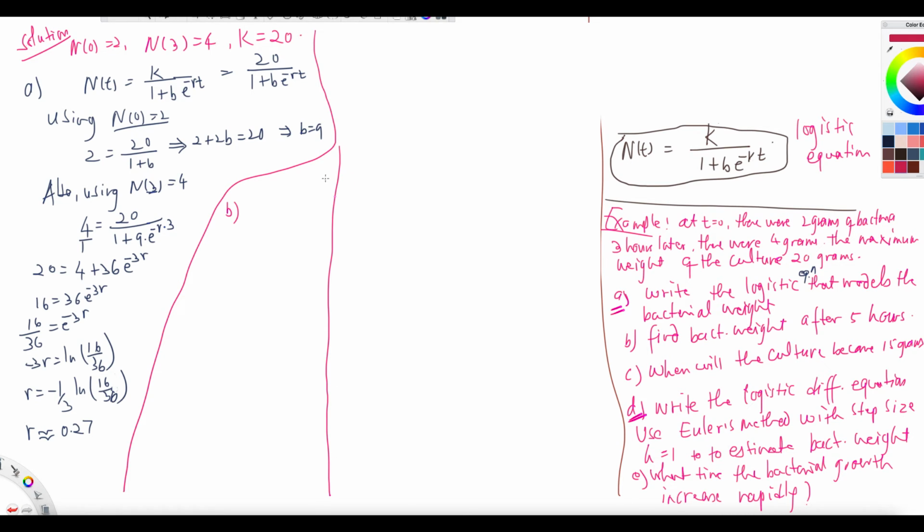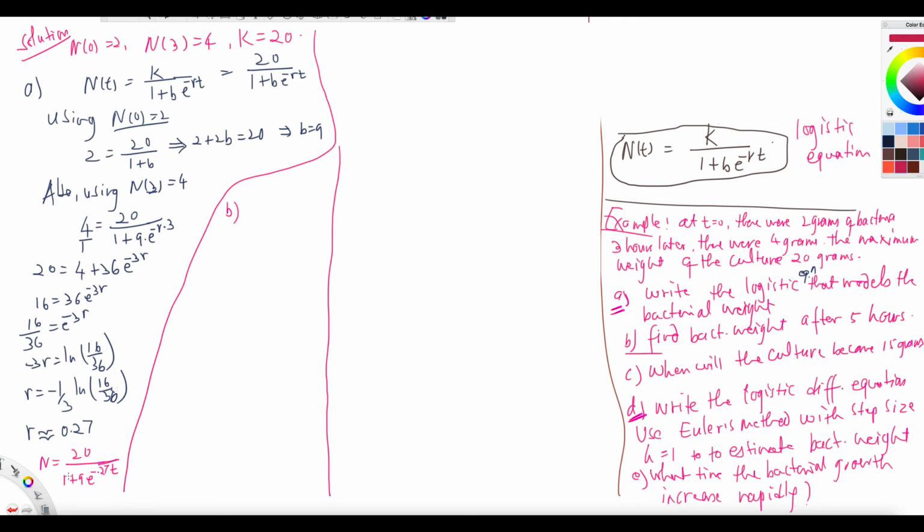So part B is saying, find the bacterial weight after 5 hours. So what is the equation here? Basically the final equation for A is n equals 20 over 1 plus 9 e to the negative 0.27t. That's what the final model looks like after you plug in the values of r and b, right?